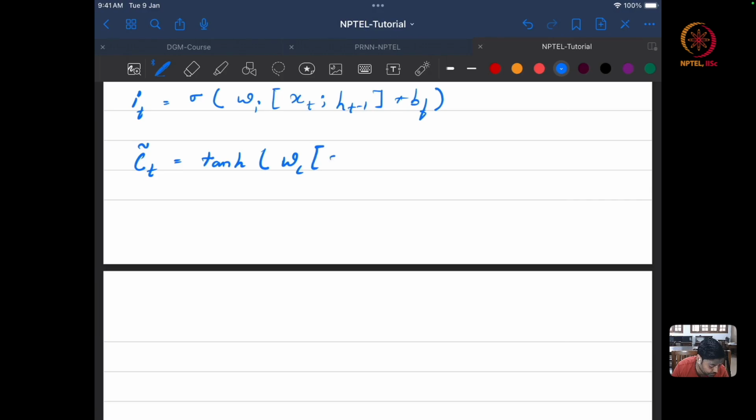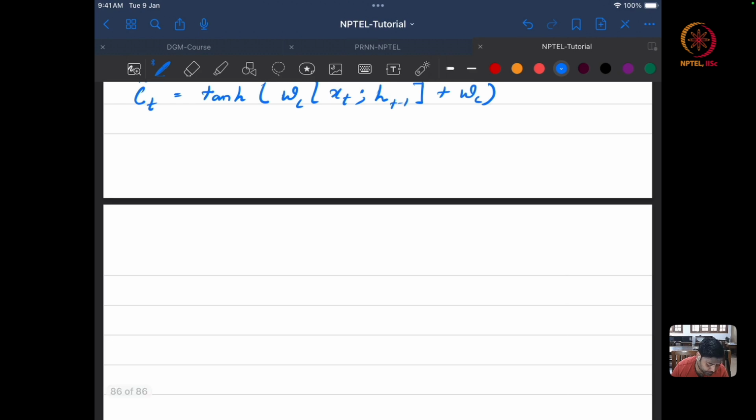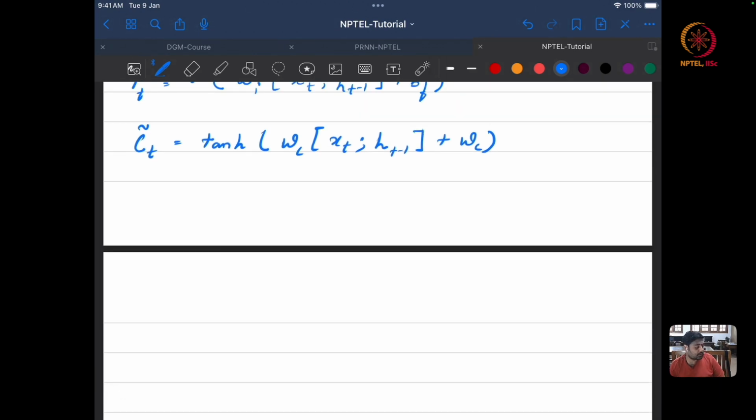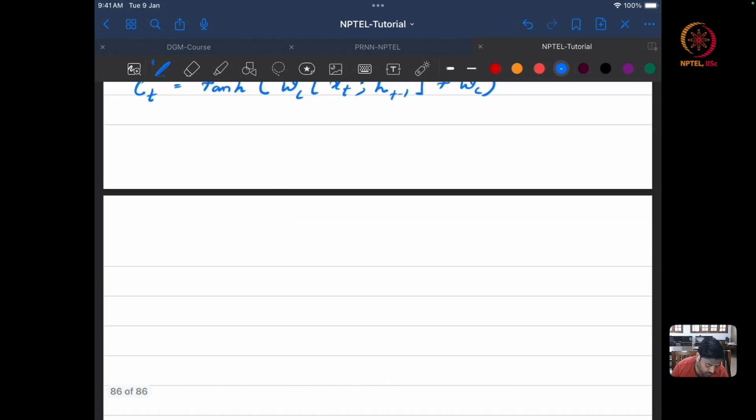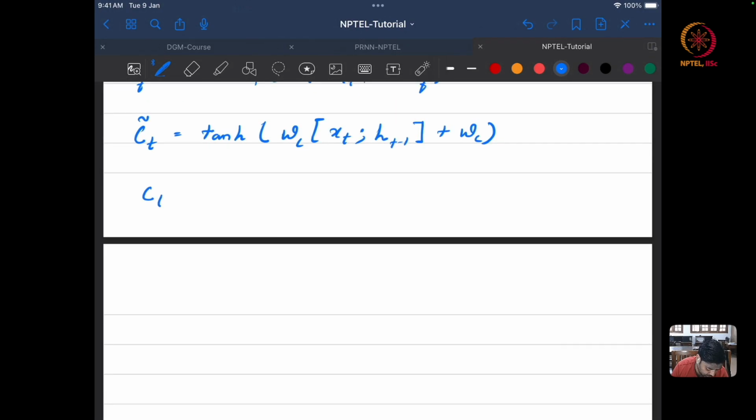WC applied to XT and HT-1, plus the bias BC. This is the candidate. So what will be your final CT? CT is whatever is FT, taken as a Hadamard product with CT-1, plus whatever is your input gate, taken as a Hadamard product with the candidate.